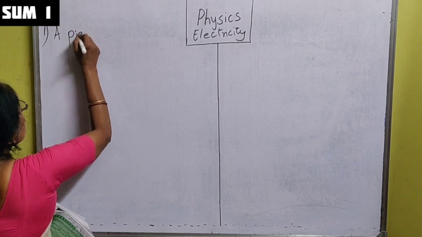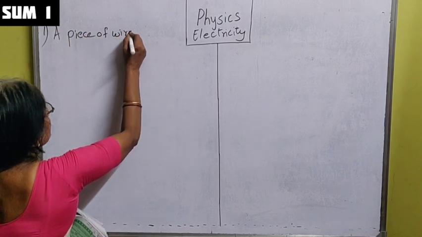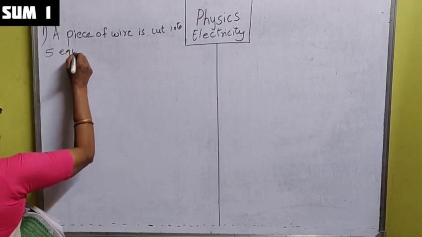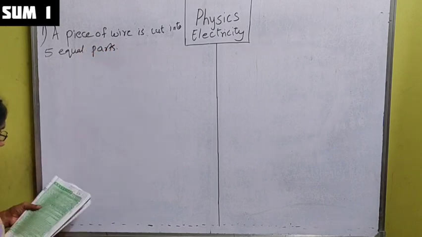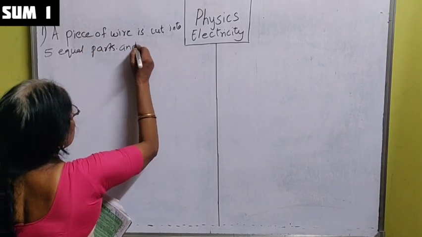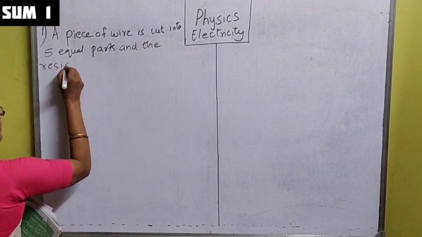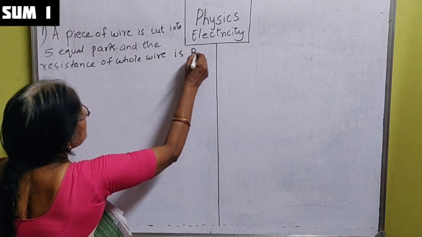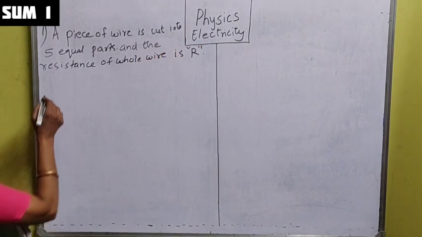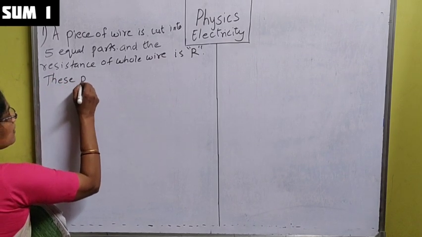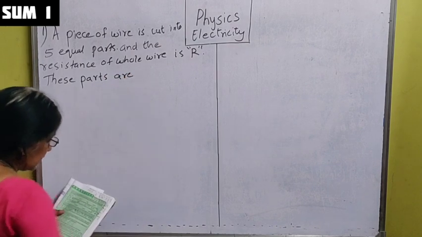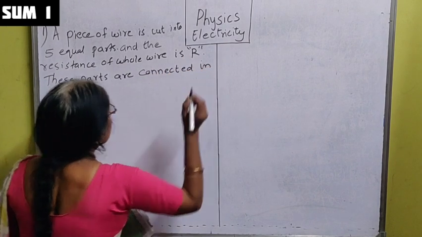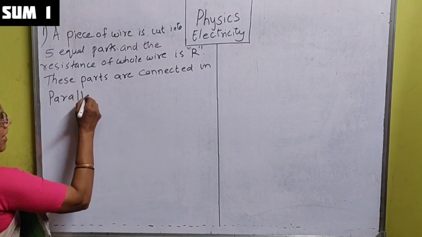A piece of wire is cut into 5 equal parts, and the resistance of the whole wire is R. These parts are connected in parallel.